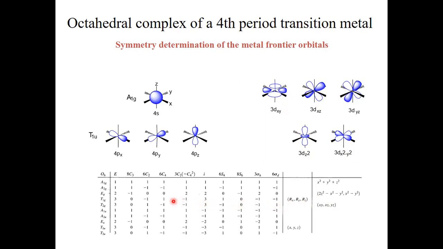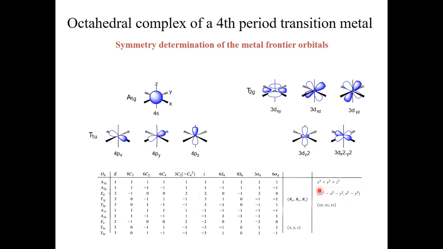Well, just go to the left. Then you see that they have T2g symmetry. And last but not least, we have to consider the 3dz² and the 3dx²−y² orbitals. And you see them actually both here together.